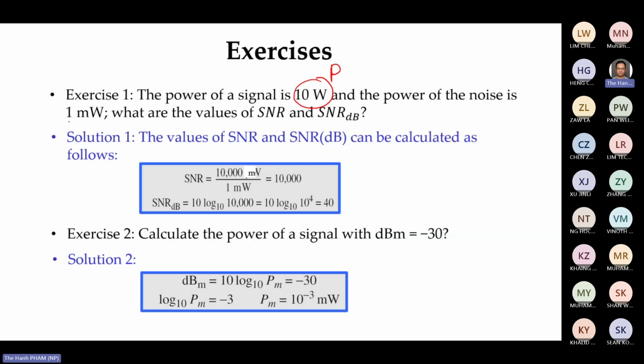And this one is the power of noise. So they ask what is the SNR? So it's very simple, right? 10 watt will become 10,000 milliwatt. And the noise is 1 milliwatt, so the SNR is 10,000. But if you want to change to dB, then you just plug in the value here. So we have 10 log base 10 of 10 to the power 4. The 4, you can bring it outside. So we have 40. This one is 40 dB. Okay?